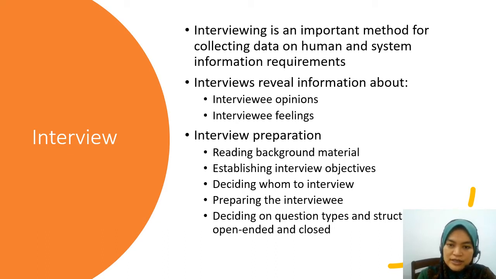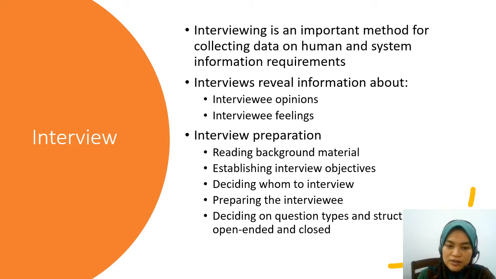Interviews reveal information about interviewee opinions and feelings, and we need to prepare for the interview. So this one you have looked at all the tips, 7 tips for preparing for an interview.